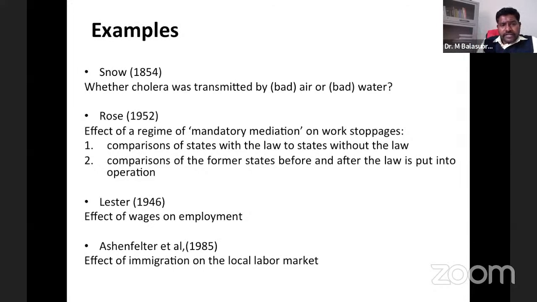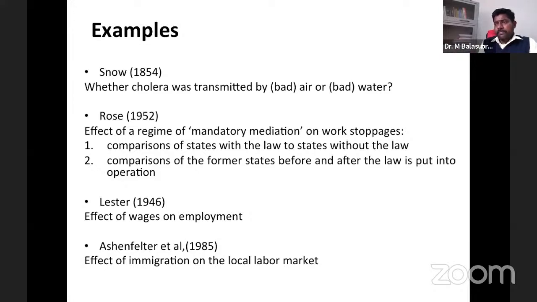Then Rose in 1952 and Lester in 1946. Lester studied the effects of wages on employment in the labor market, how wages affect the migration of labor, higher wage and lower wage, with and without.